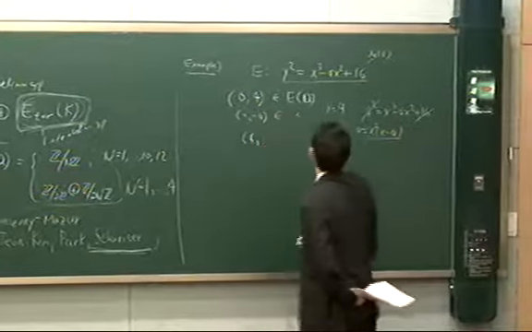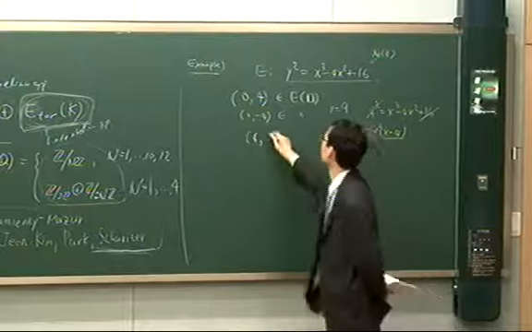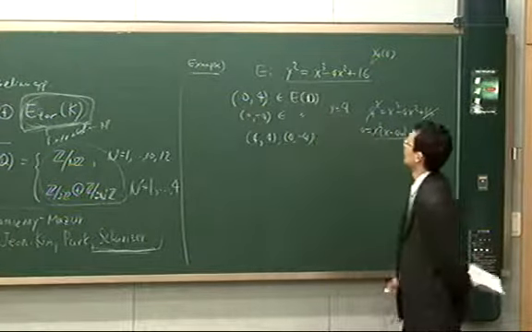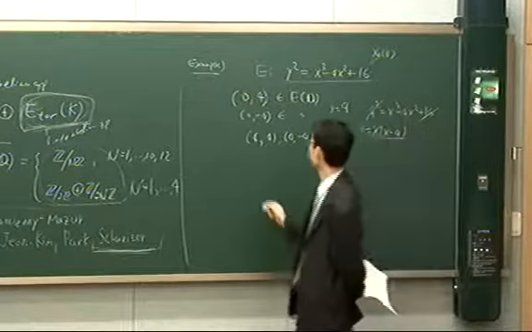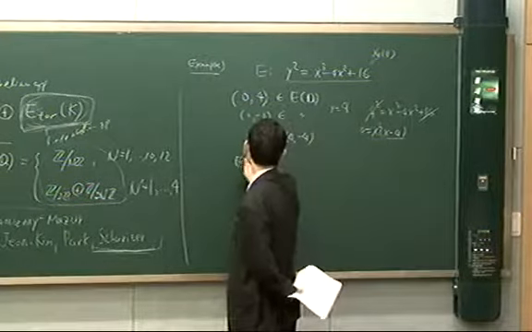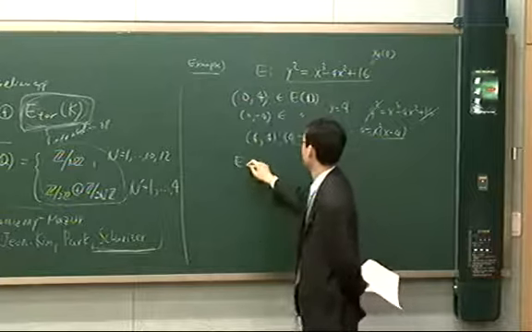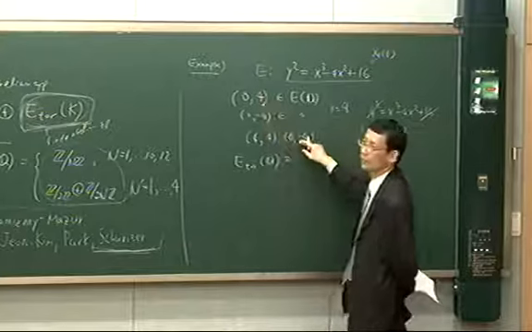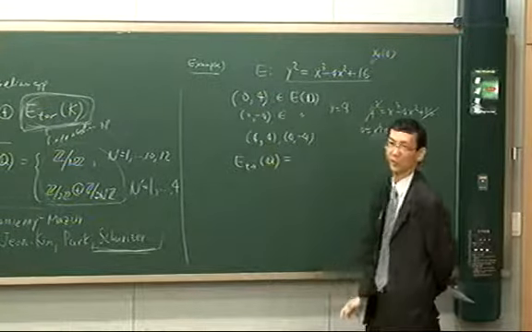So when x equals 4, then we have another 2 points. And by some calculation, we can see that all torsion points are these 4 points, including the point at infinity.